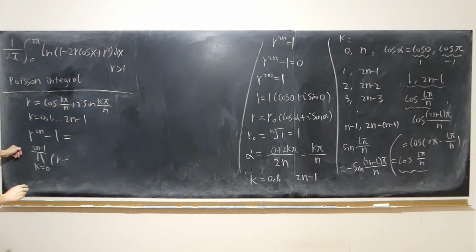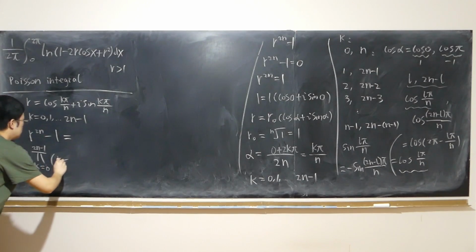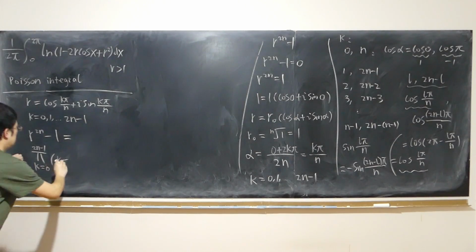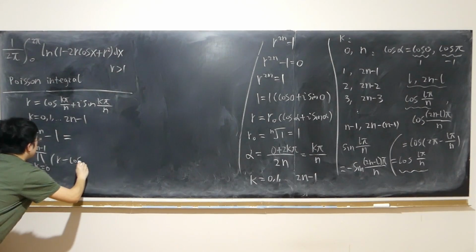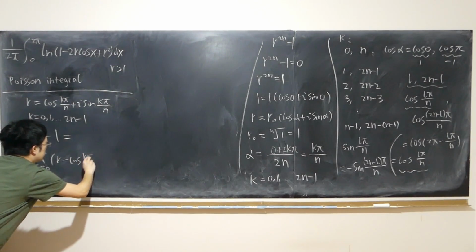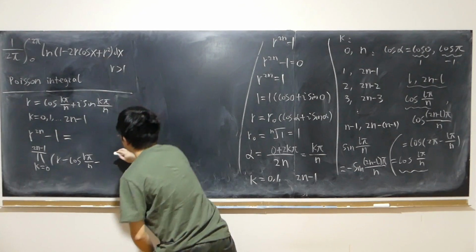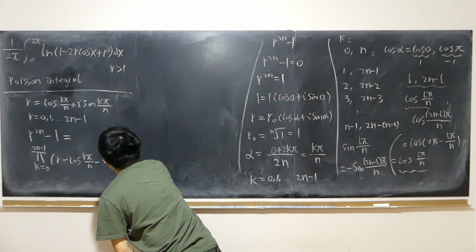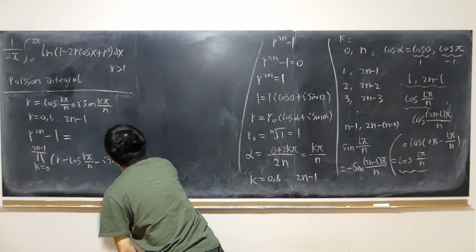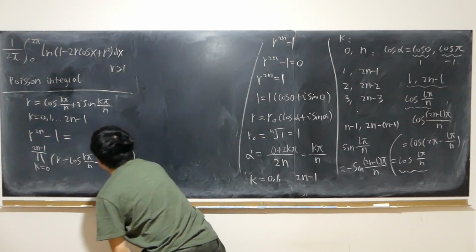And each root is just cosine k pi over n, also minus i times sine k pi over n.